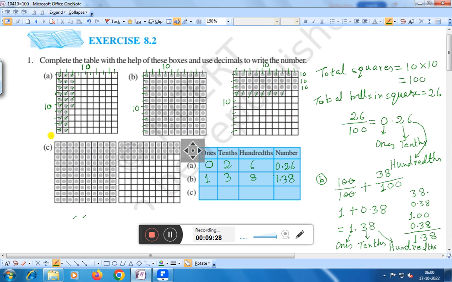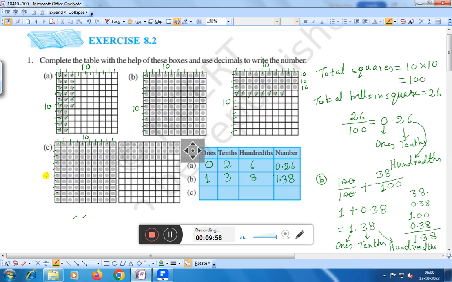Now the next question, question number C. You see how many squares are there? 1, 2, 3, 4, 5, 6, 7, 8, 9, 10. In horizontal direction there are 10 squares, and in vertical direction 1, 2, 3, 4, 5, 6, 7, 8, 9, 10.